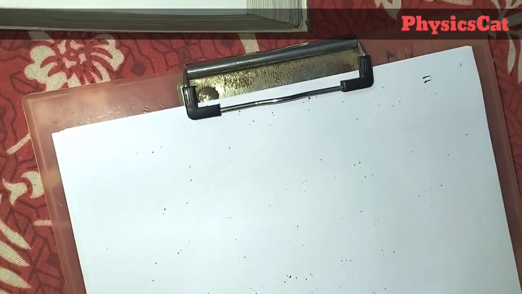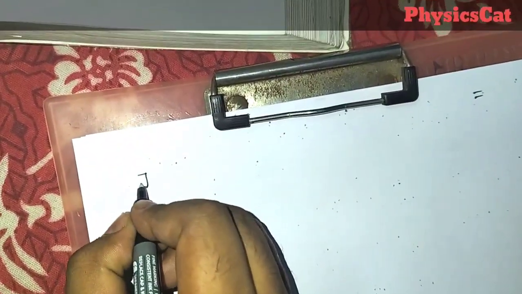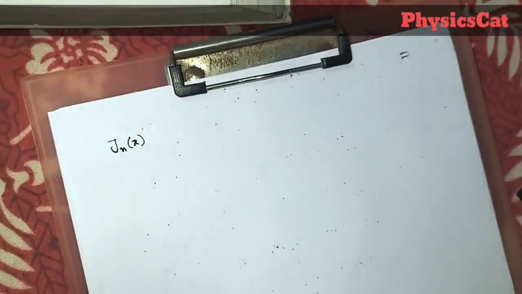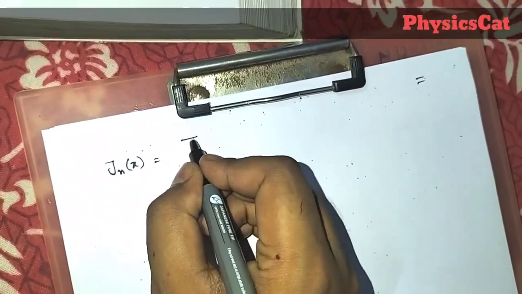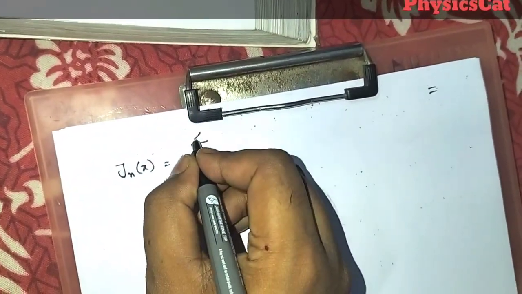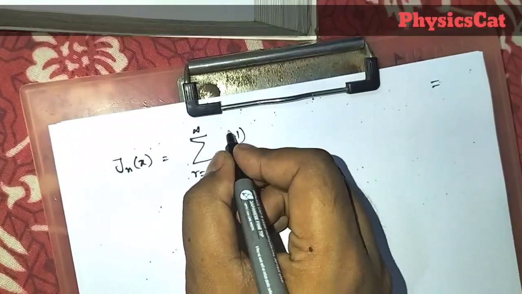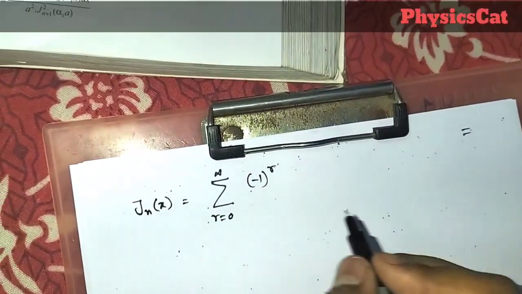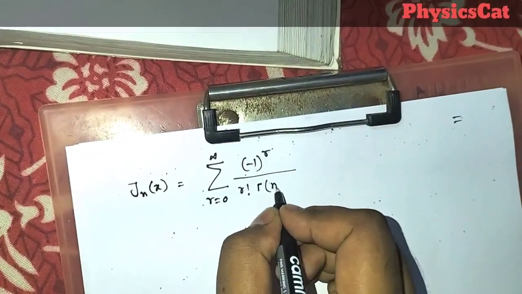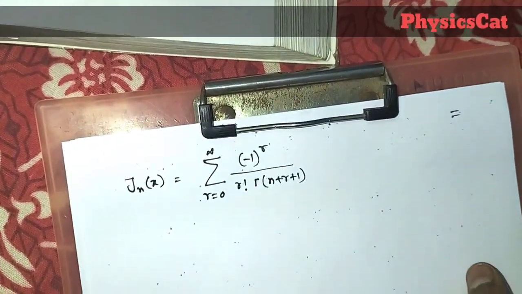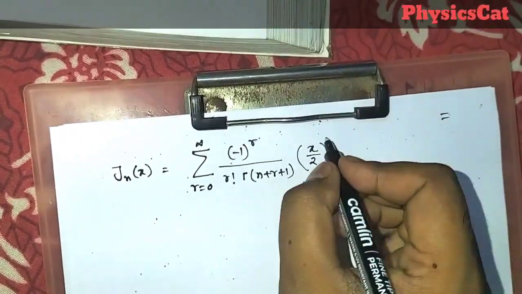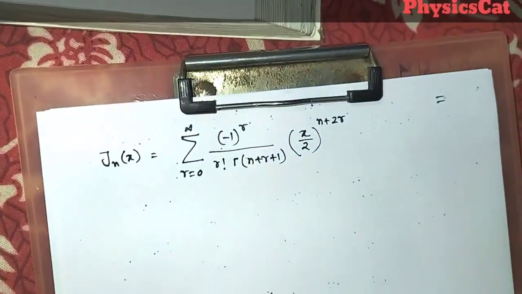We all know the Bessel's function Jn(x). We can write it as the summation from r equals 0 to infinity of (minus 1) to the power r, divided by r factorial gamma of n plus r plus 1, times (x/2) to the power n plus 2r.